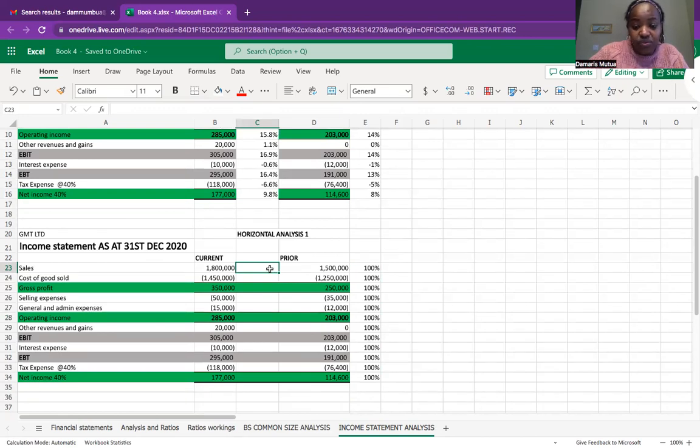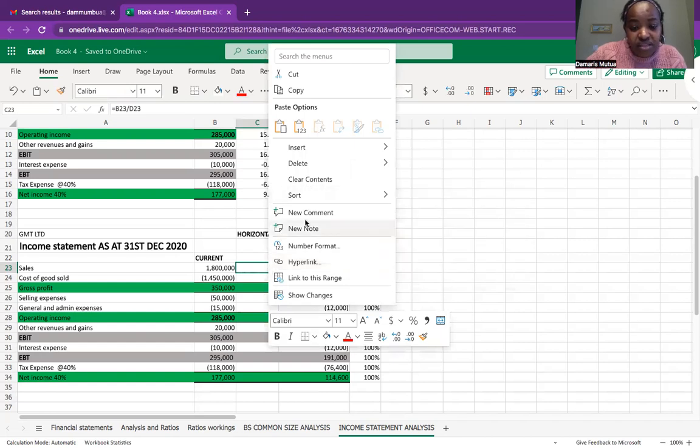So our sales, we want to see how our sales have grown from one period to the other. So our sales currently is 1.8 over 1.5. And this one we need to make it a percentage so that we are able to compare like with like.